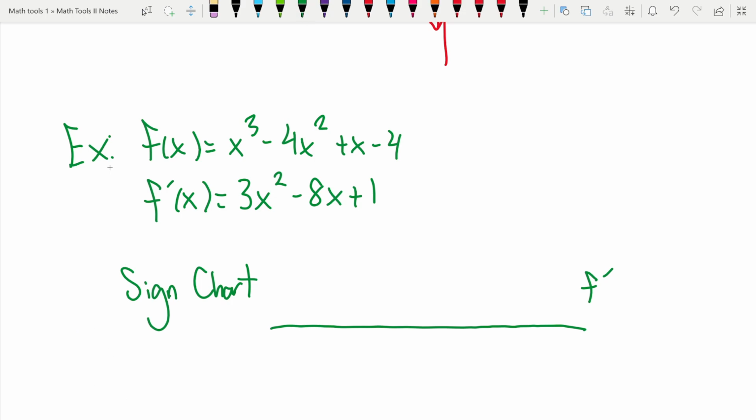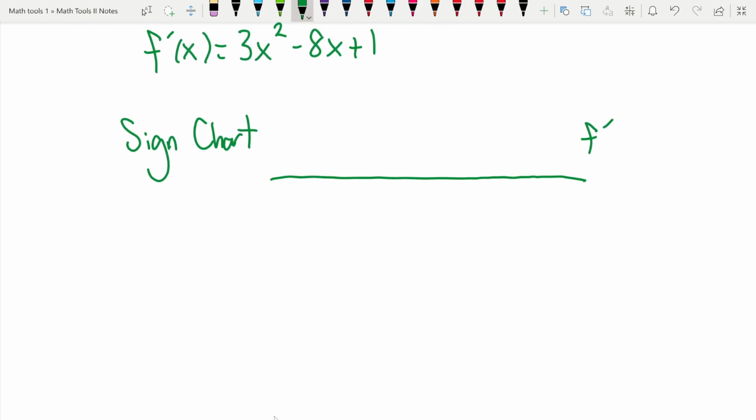So on this one, we need our zeros. That's why this one can be a little bit tricky. It's probably going to be a little bit ugly because I don't think that we can really factor this, right? So we want to take this and set it equal to 0 to find the zeros. Unless I'm not seeing an easy one here, it doesn't look like it's factorable.